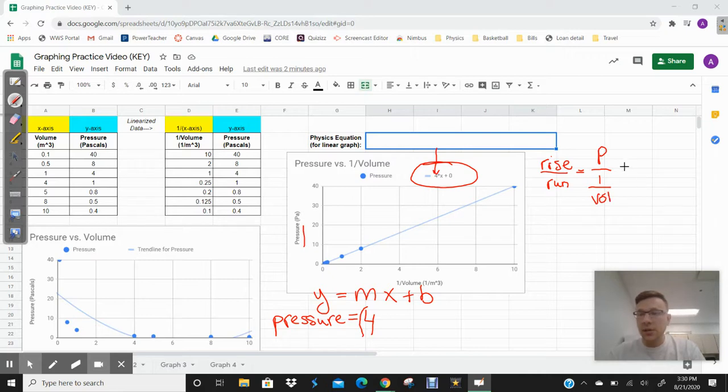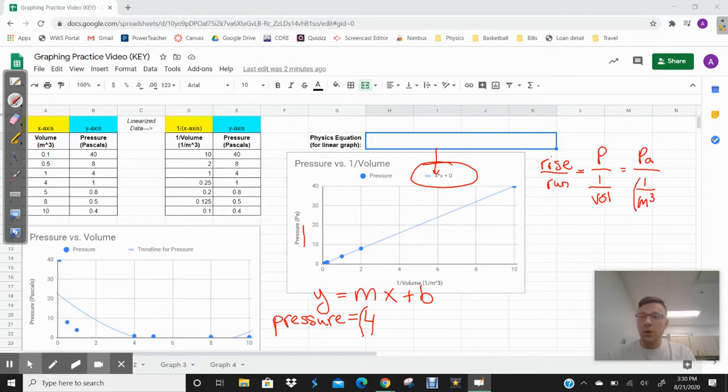Okay, so that's going to make things a little bit tricky. We didn't have an example like that in the tutorial, but I'll walk you through it here. So now let's type in the units that we're going to be using. The units for pressure are pascals, Pa, over 1 over meters cubed.